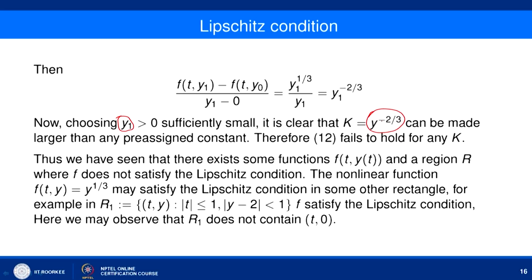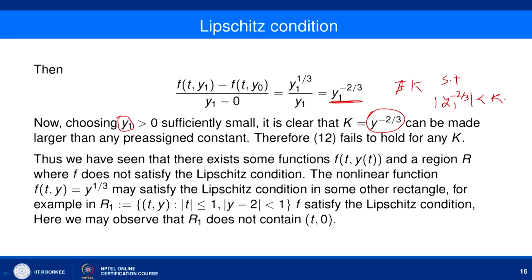It means that this quantity can be made unbounded, so there exists no k such that the modulus of y1 to the power −2/3 is bounded by any constant k.